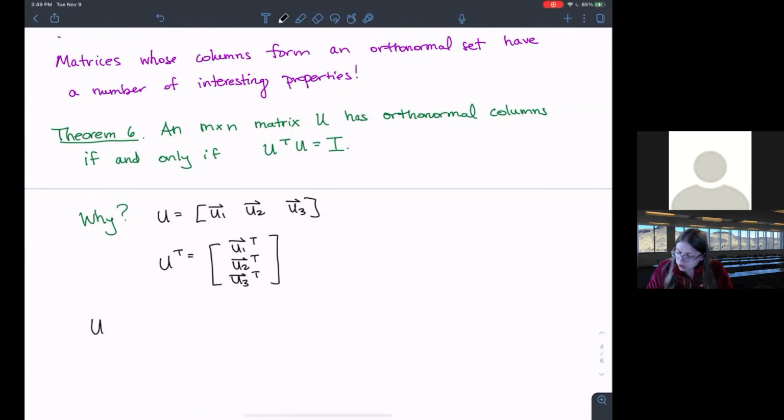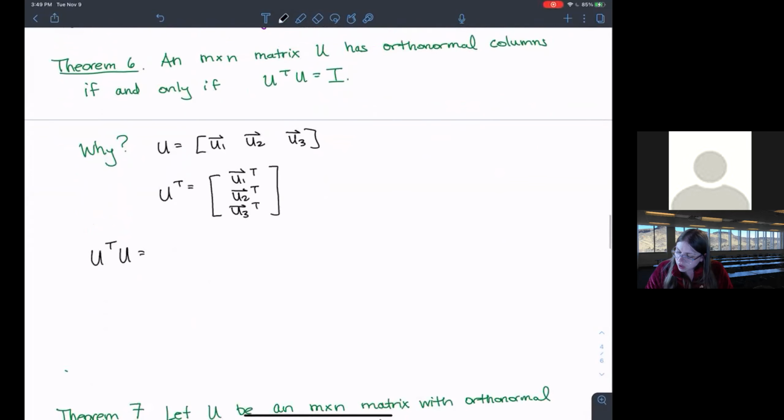So if I look at the matrix U transpose U, the 1,1 entry is row 1 of U transpose dotted with column 1 of U. So it's going to be U1 transpose U1 for the 1,1 entry. The 1,2 entry, very similar, row 1 dot column 2, so U1 transpose U2, and we can continue. The ij entry will be Ui transpose Uj.